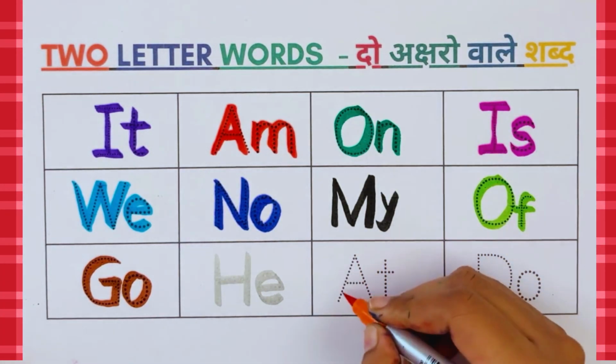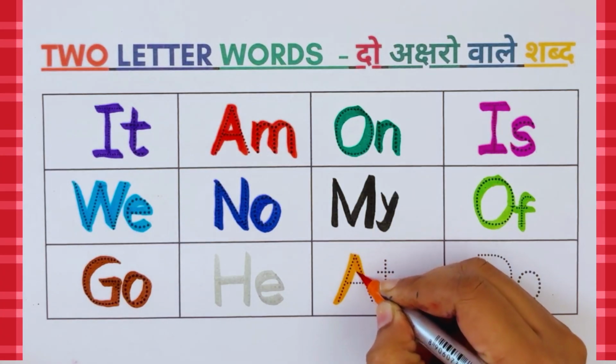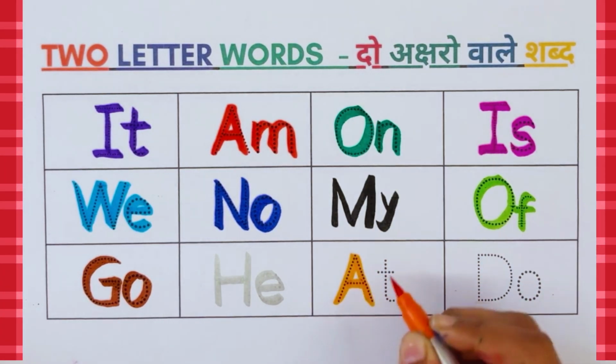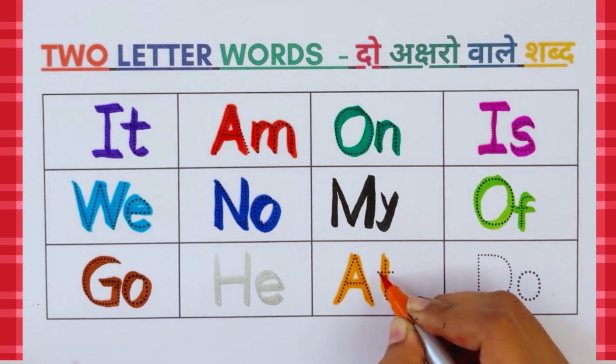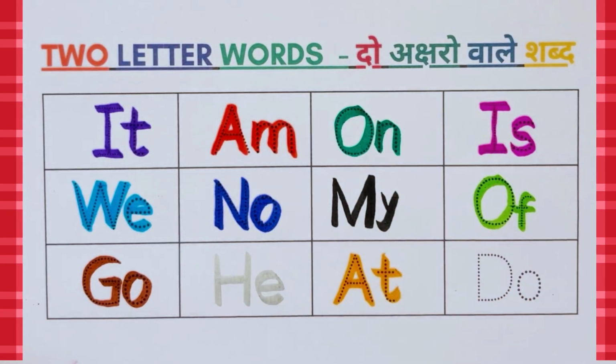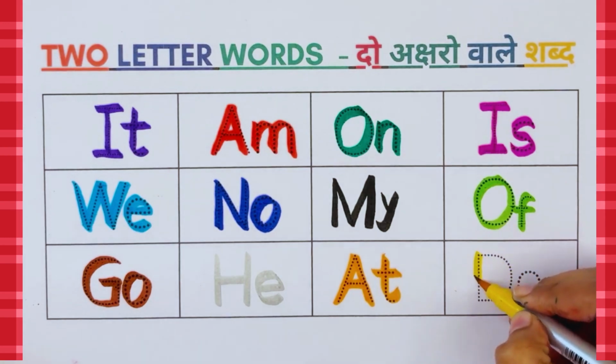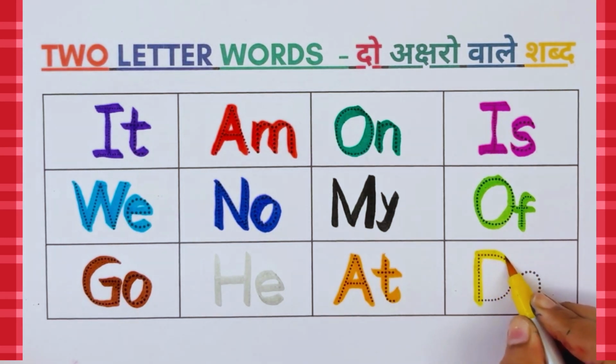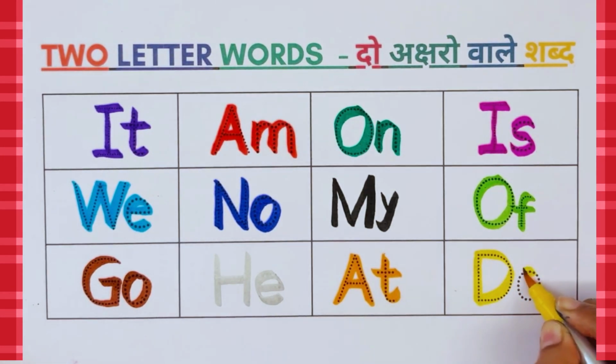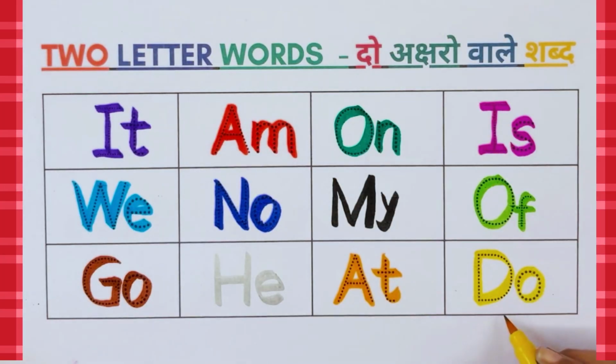He. Now the next one is A-T. At. क्या है ये? At. Now the next one is D-O. Do. क्या है ये? Do.